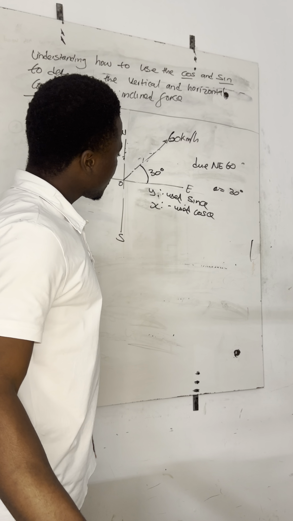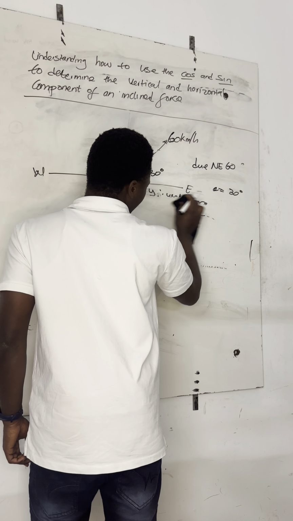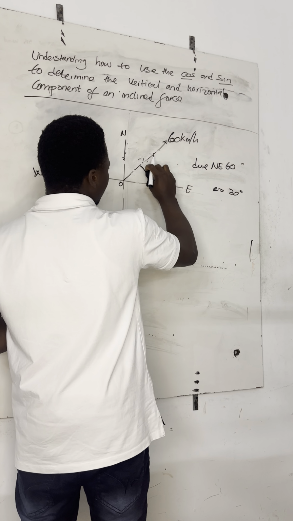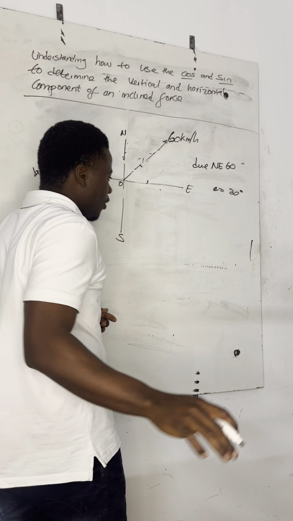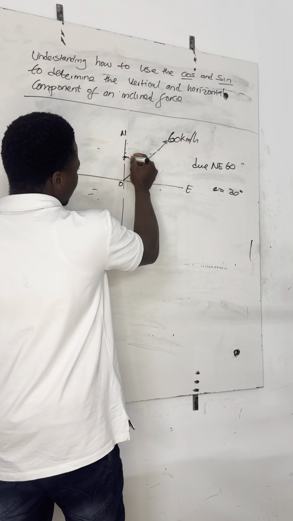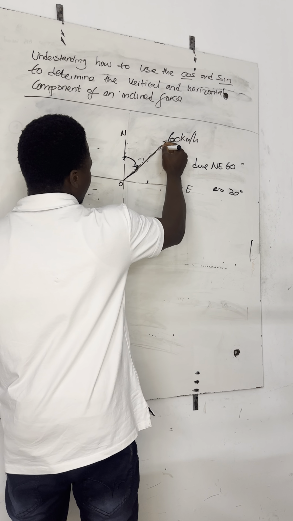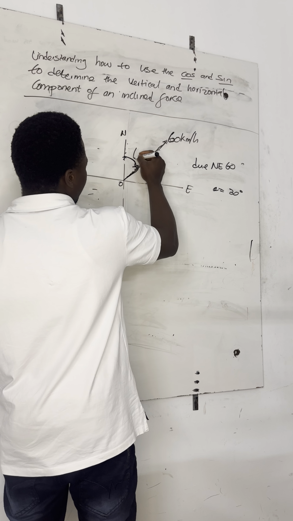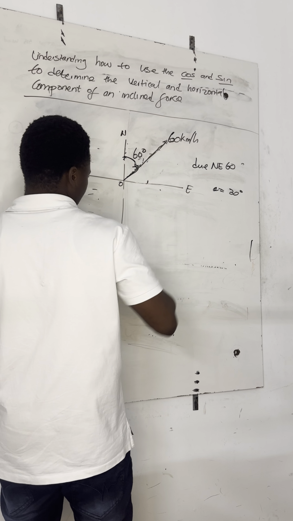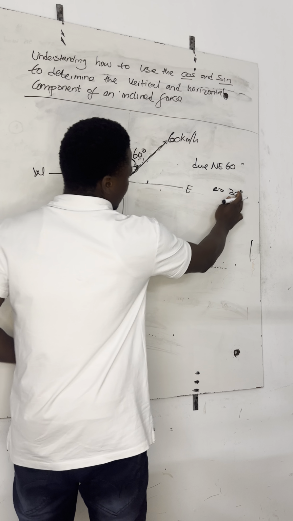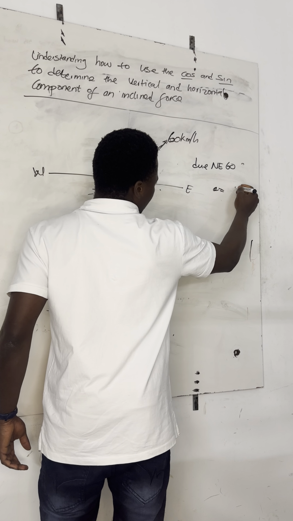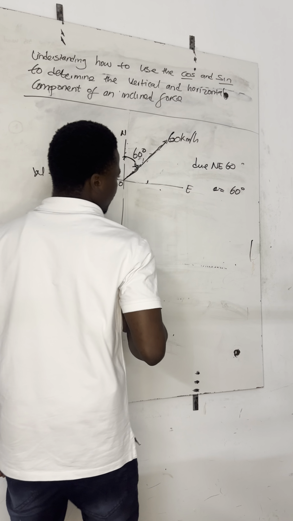Now, if it happens that your angle has to fall on the y coordinate, then this is 60 plus this is 90 degrees, so this theta will be 60 degrees.